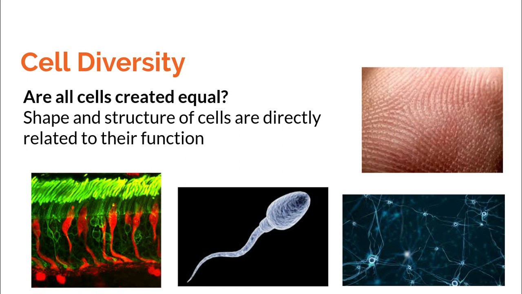So in your retina, in your eyes, you have cones and rods that help to allow light in, they're light receptors, in order to allow your eye to process that information and allow you to see. So again, all of these cells have very different shapes, sizes, and structures, but they are arranged in that way in order to do their specialized job in the body.